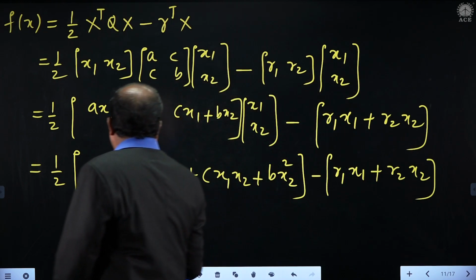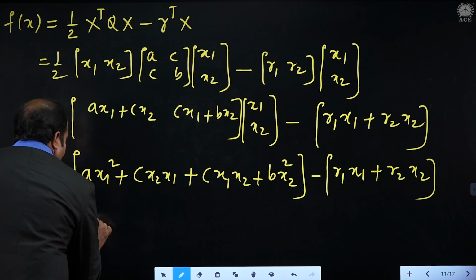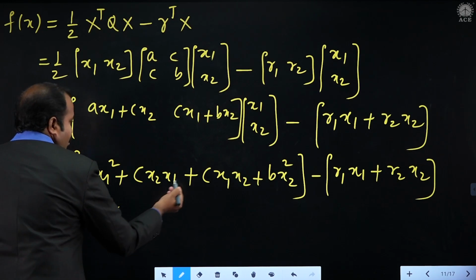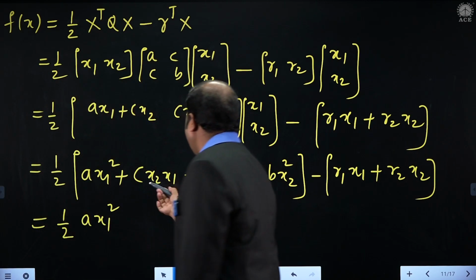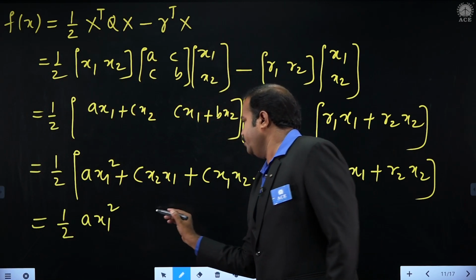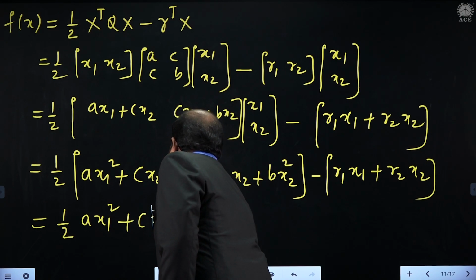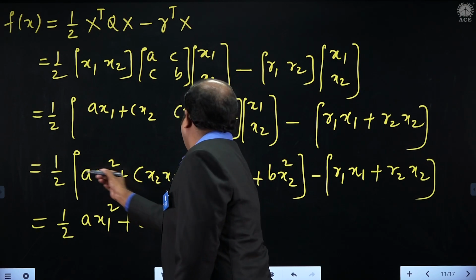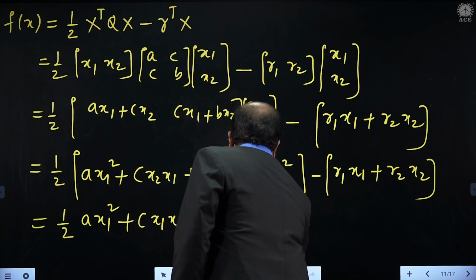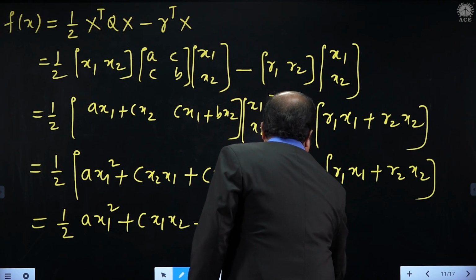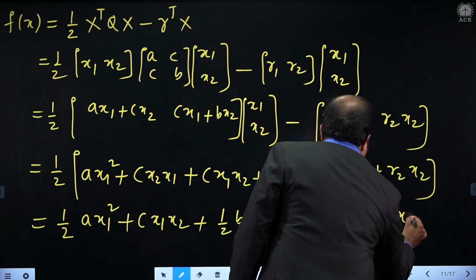Right. So, by simplifying this one, look at half into Ax1 square, this is 2 times Cx1 x2 into 1 by 2. So, this is equivalent to just Cx1 x2 plus half into Bx2 square minus r1 x1 minus r2 x2.